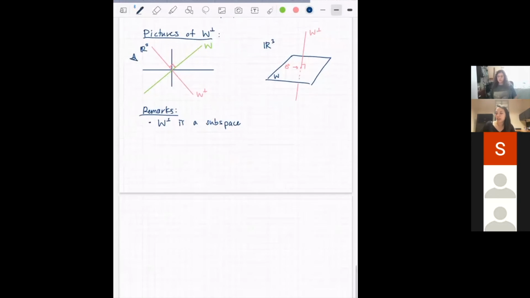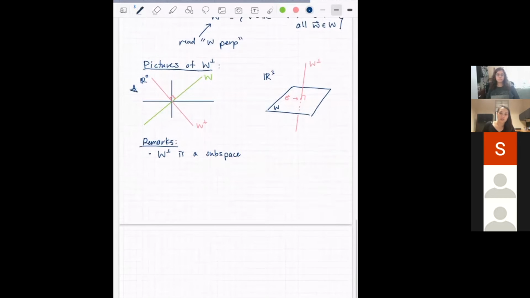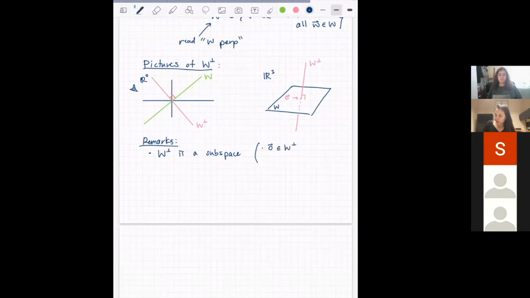We could verify this by just checking the conditions. Remember that means that 0 is in W perp, that if U and V are in W perp, then U plus V is in W perp.